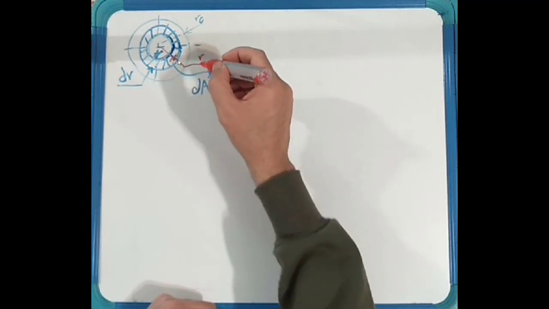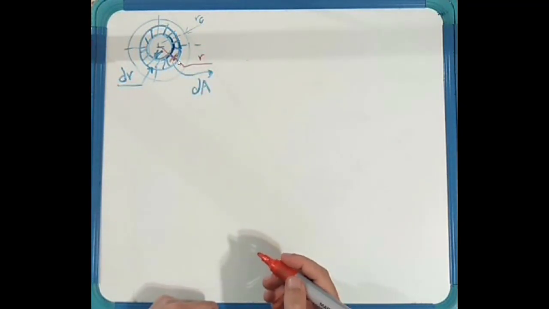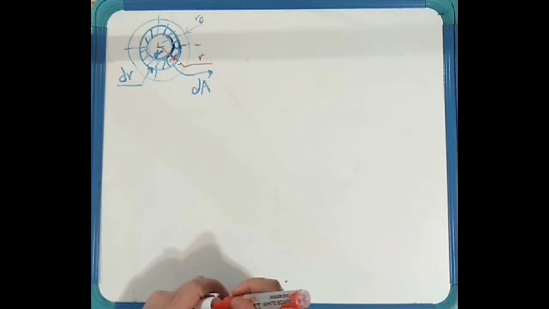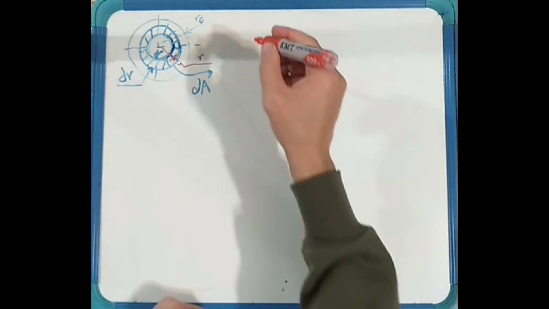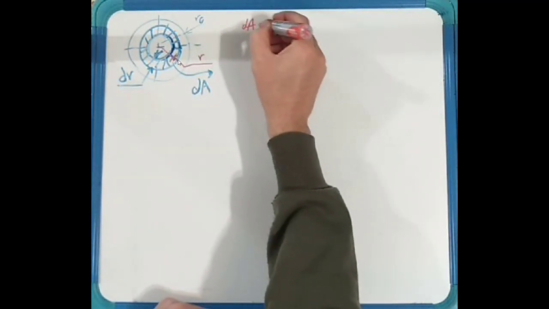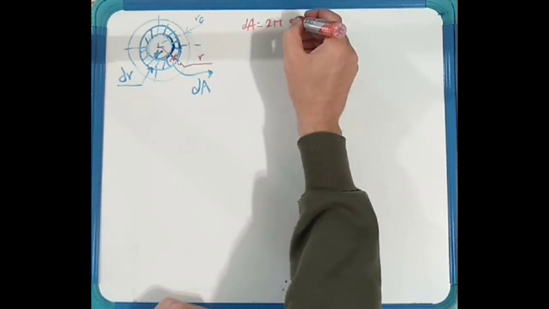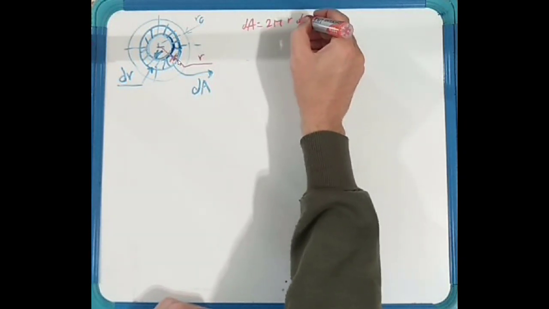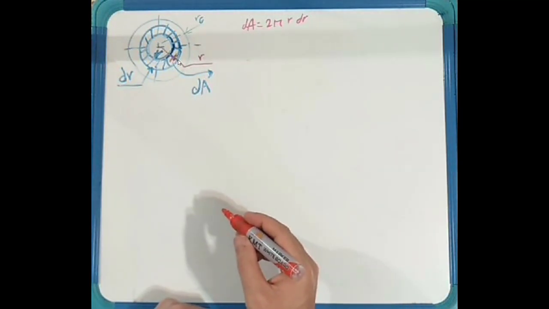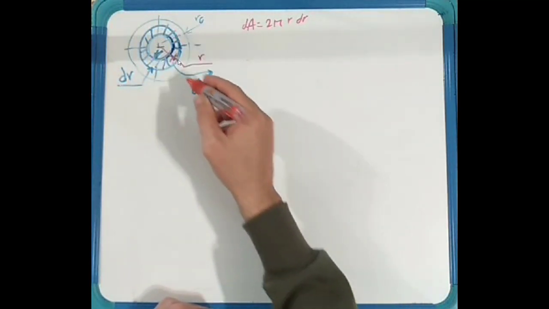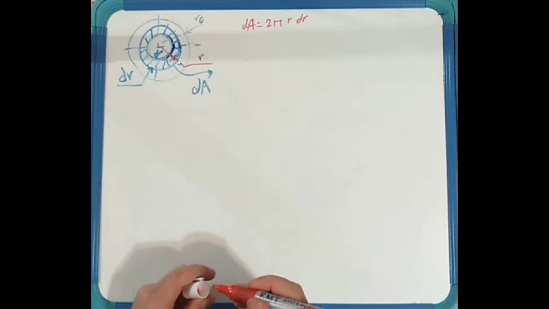Sorry, this is r. Okay, I can write dA equals 2π r dr. This is the area of this element.